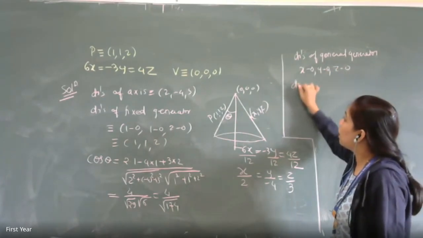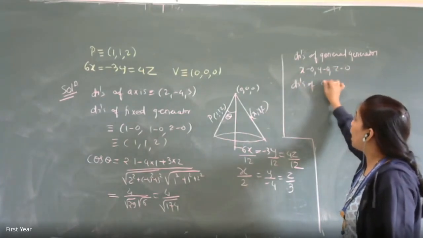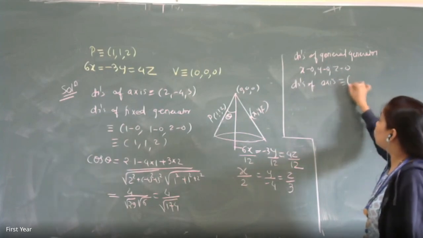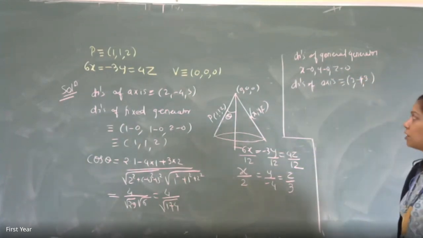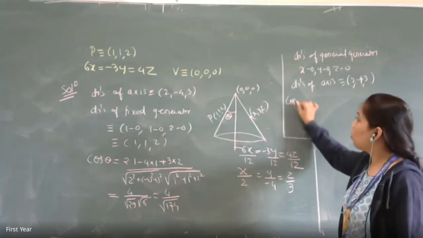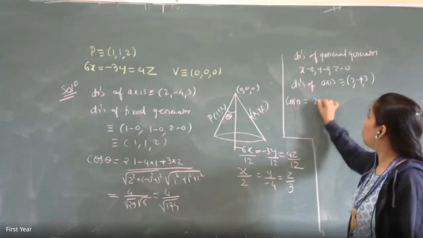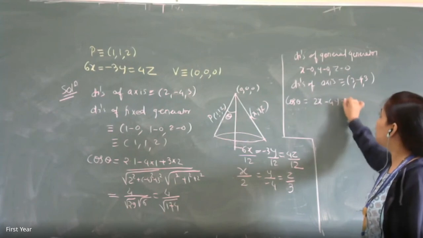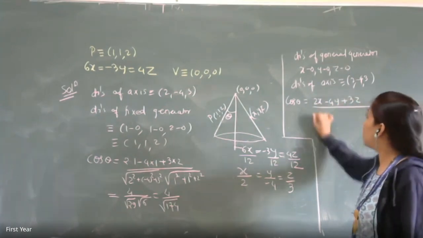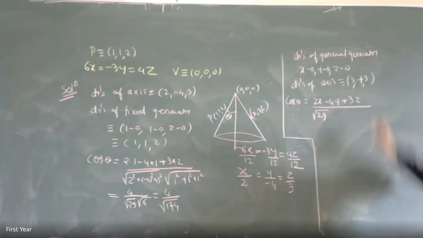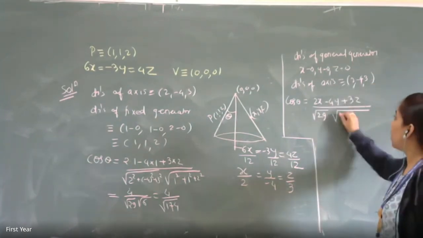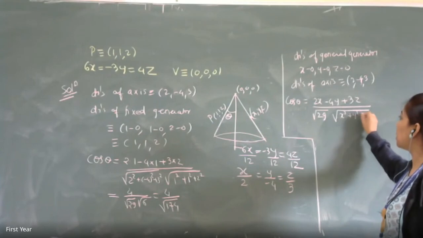And already I know the direction ratios of axis. What are those? 2, minus 4 and 3. And the same formula I will use once again. Cos of theta is equal to 2x minus 4y plus 3z divided by root of, I'll write 29 directly, it is 2 square plus 4 square plus 3 square, into root of x square plus y square plus z square.